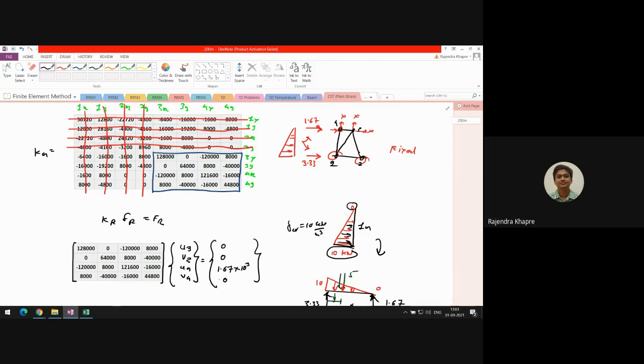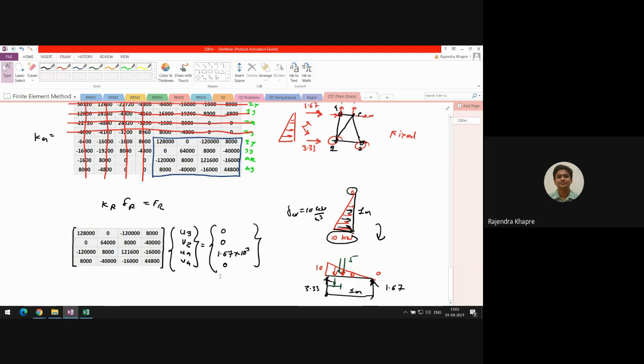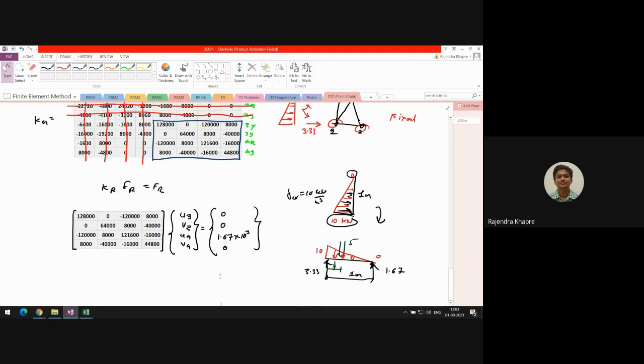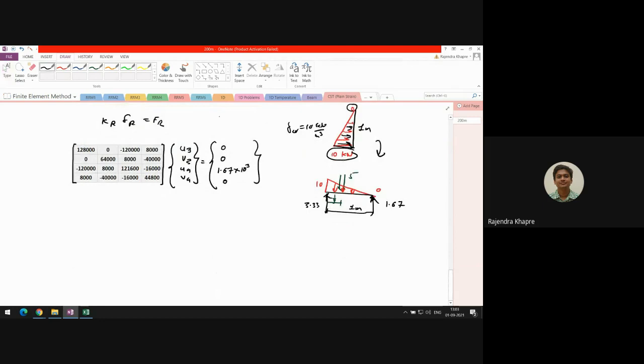Okay, so now what we have to do is solve this. Is there anybody having a scientific calculator who can solve this? After solving, you should get u3, v3, u4 and v4. Somebody please give me the values.